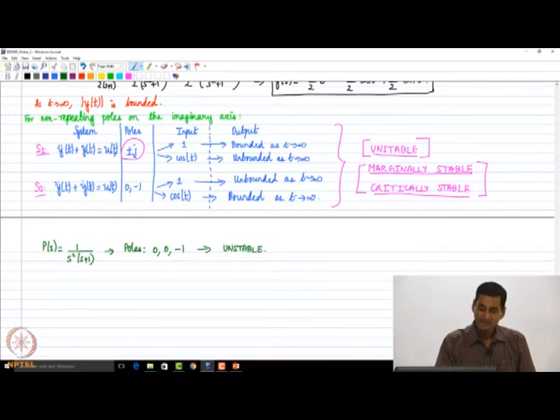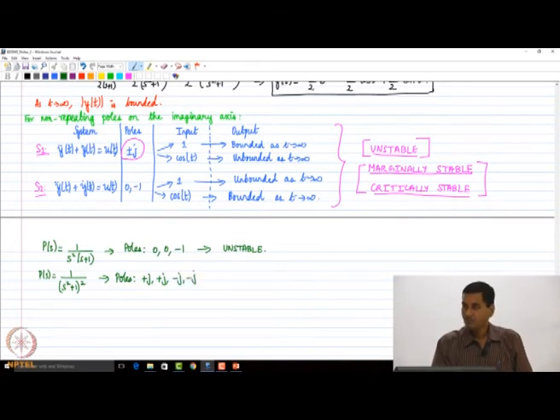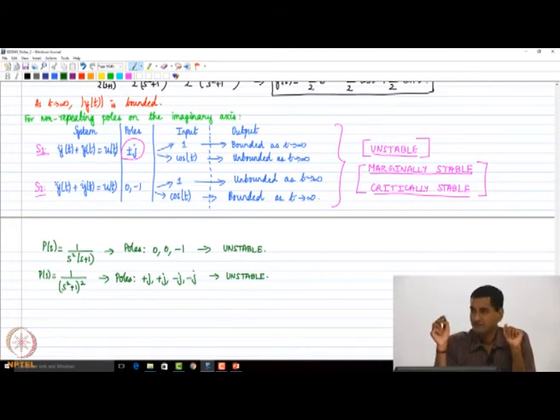Similarly, if you have another system where the transfer function is 1 divided by s squared plus 1 whole squared, the poles are plus j, minus j, right? Once again, this is unstable. So this concept of marginal stability or critical stability applies only if you have non-repeating poles on the imaginary axis. Okay, right? Then what happens for stability?